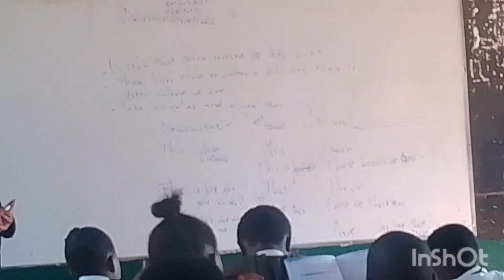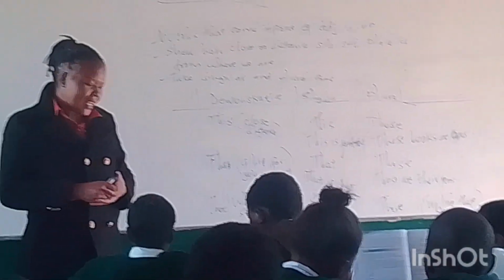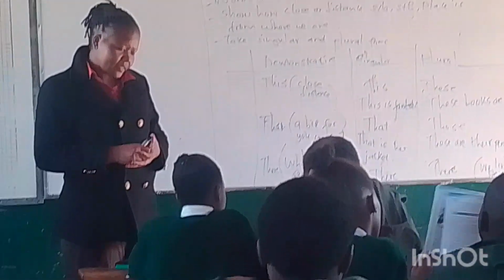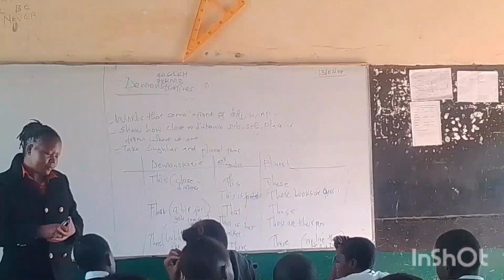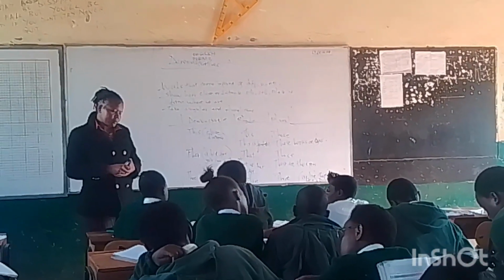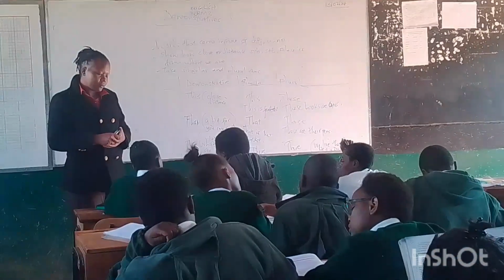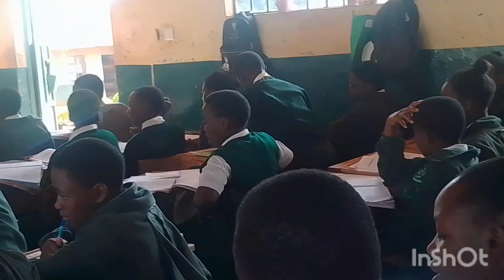Where are you starting? Demonstratives. This, that, these, and those are said to be demonstrative because they point out how close or distant something or somebody is from the speaker.